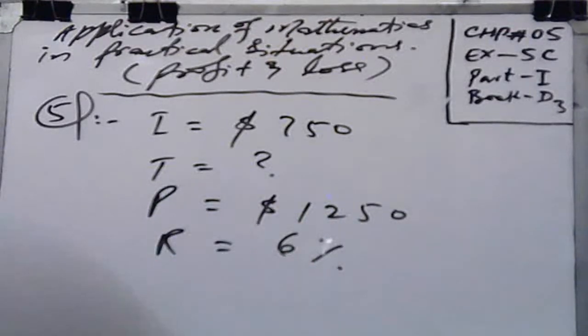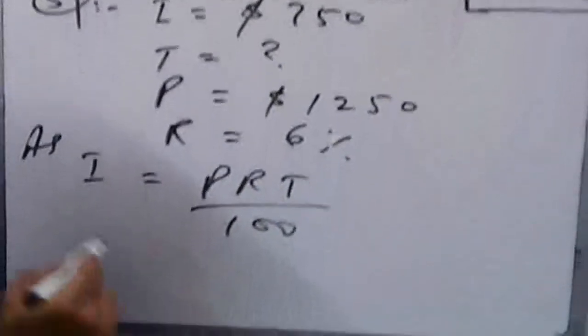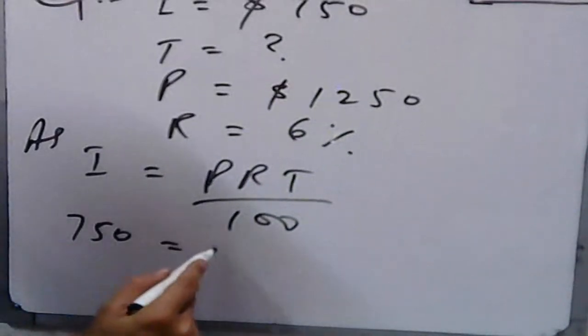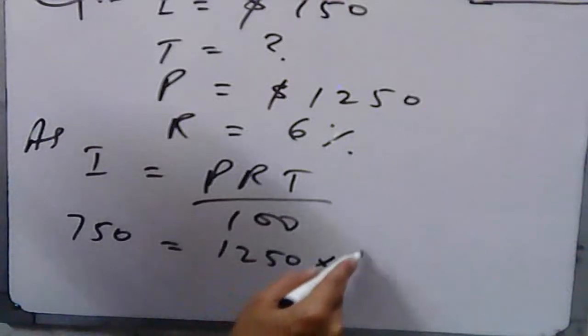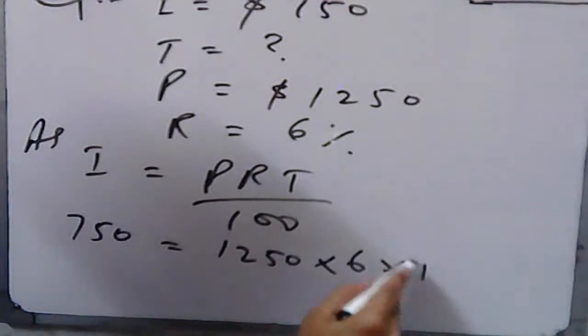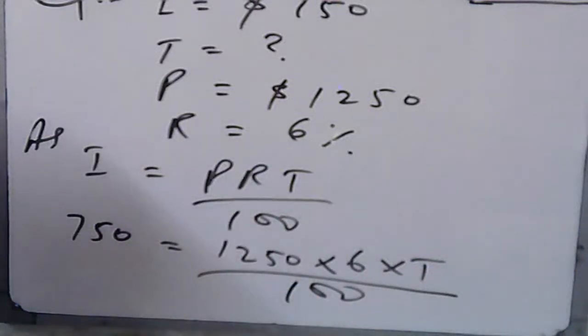So we have to find time. As we have the formula, simple interest is PRT divided by 100. So 750 equals the value of P, 1,250, multiplied by 6 rate of interest, multiplied by time, which we need, divided by 100. So you have to find the time period.